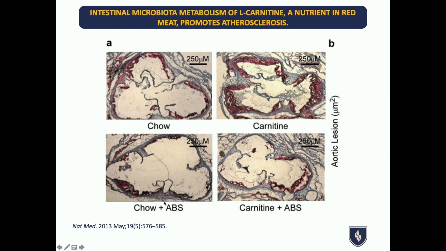Same thing, they give them the chow plus antibiotics to kill the bacteria that were causing the conversion of carnitine to TMAO, and you don't see the atherosclerosis. This study showed that your gut bacteria can impact your atherosclerosis. Interesting, right?